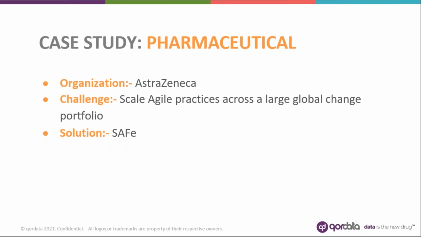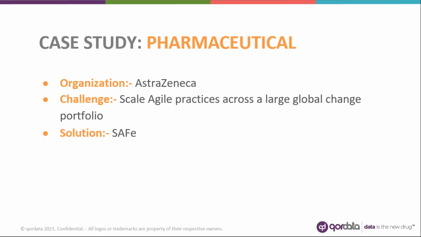So let's discuss the case study of a pharmaceutical company. This is a very famous organization, AstraZeneca. AstraZeneca is a British-Swedish multinational pharmaceutical and biopharmaceutical company that has headquarters in Cambridge, England.